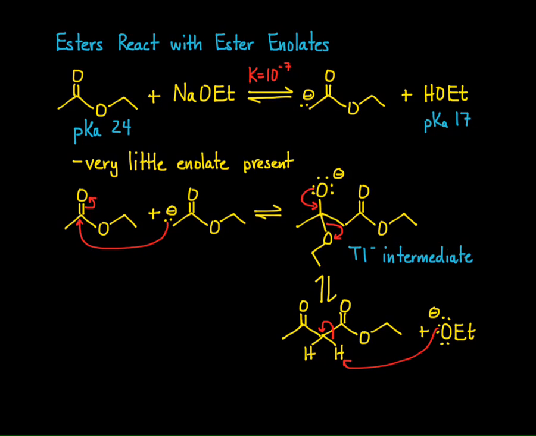Now we have a pKa that's around 13, and so we have 4 pK units favoring the product formation. And this is what we sometimes refer to as a chemical sinkhole.